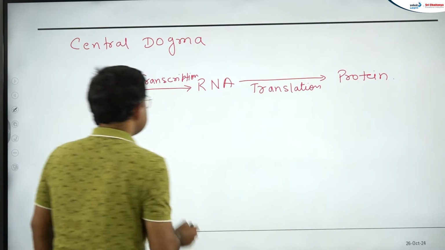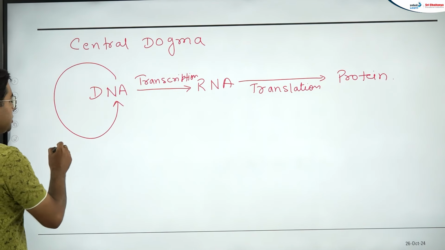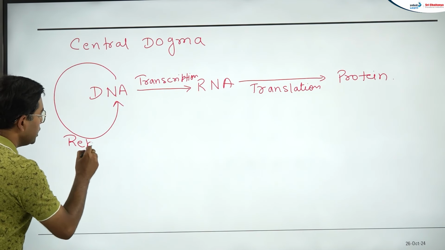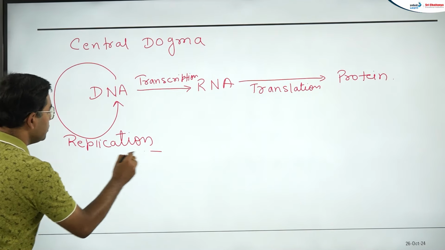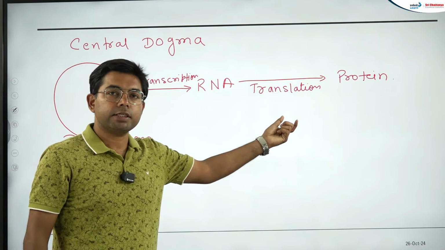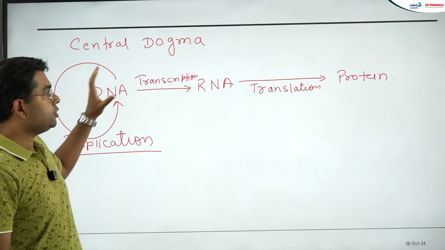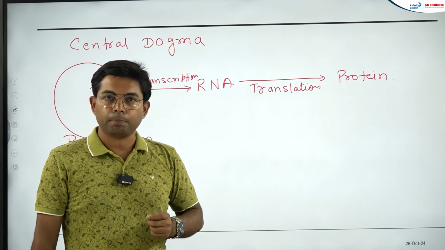Now here this DNA can also undergo replication. So this is called replication. So these three important processes, replication, transcription and translation, form the central dogma. They are conserved in all the living organisms.